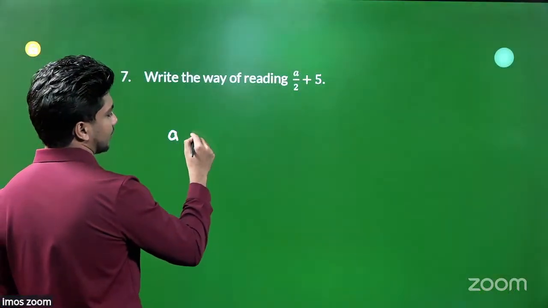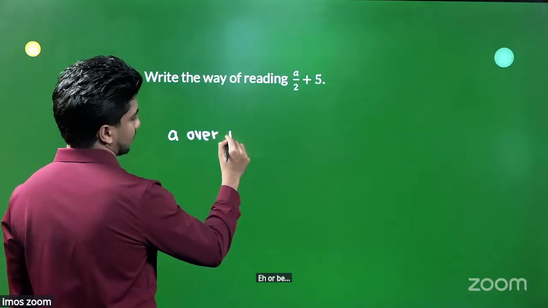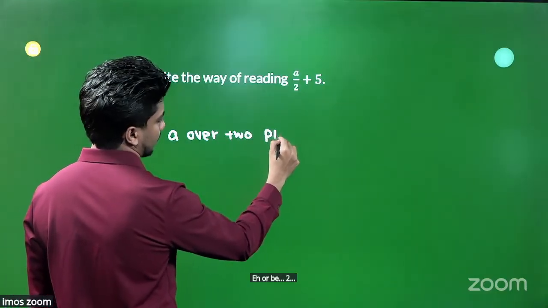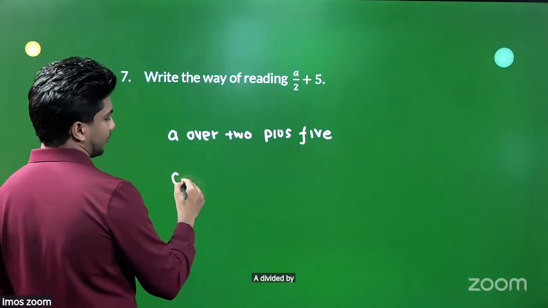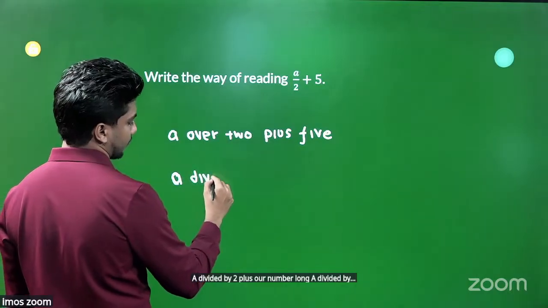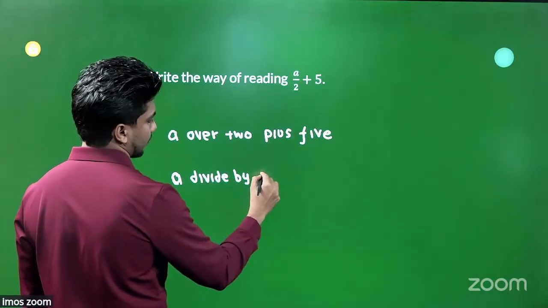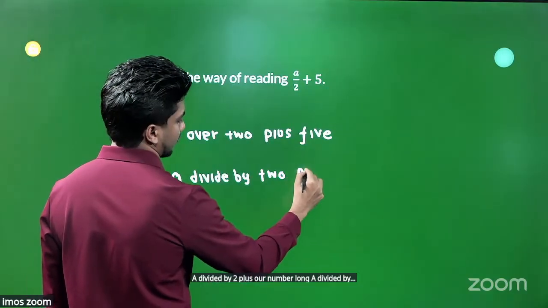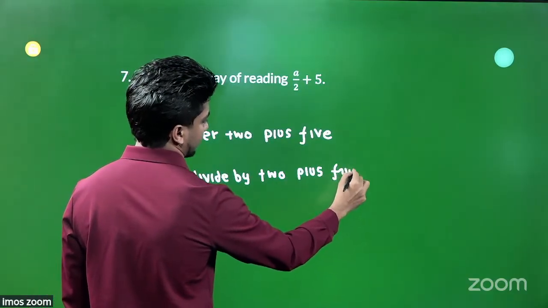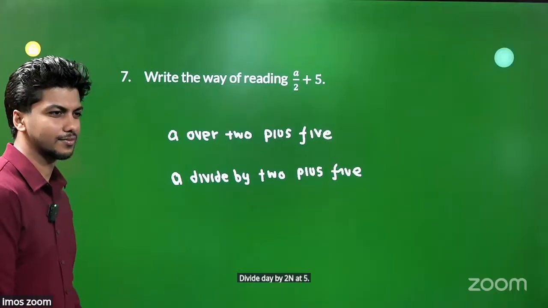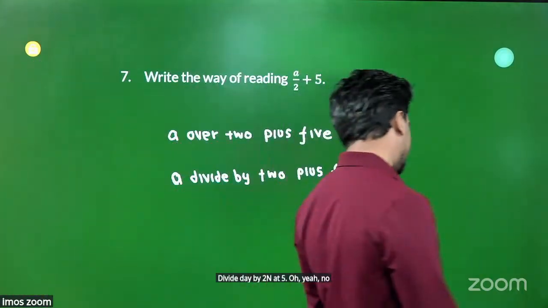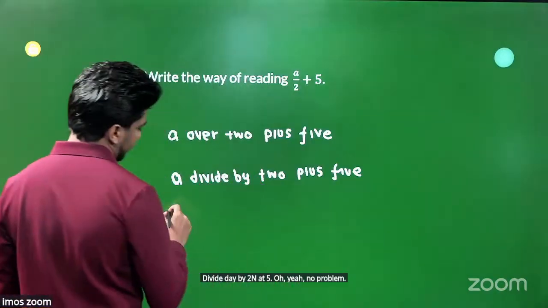A divided by 2 plus 5. Divide A by 2 and add 5.